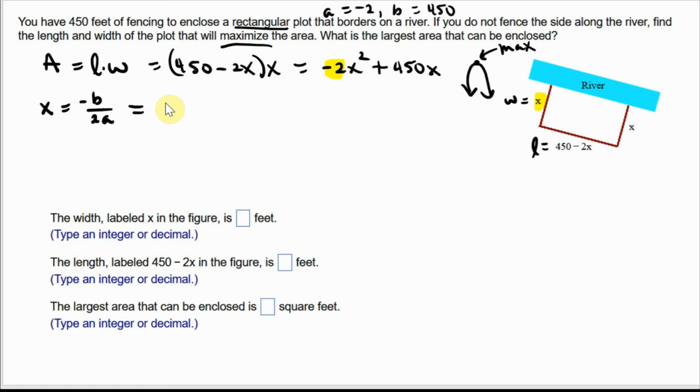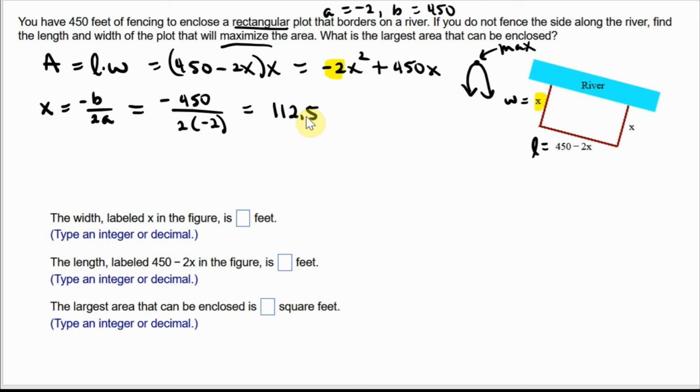So this is negative 450 all over 2 times here the a, and the a is negative 2. So that gives us 112.5. Okay.